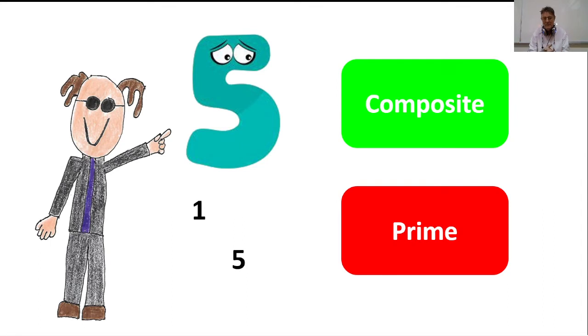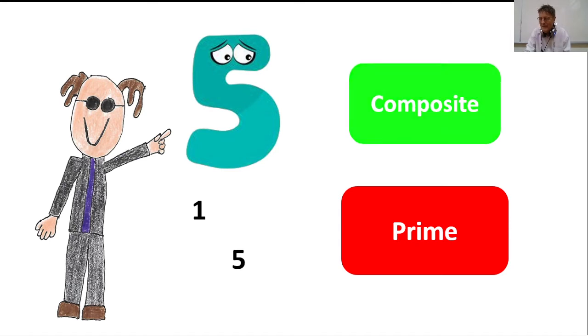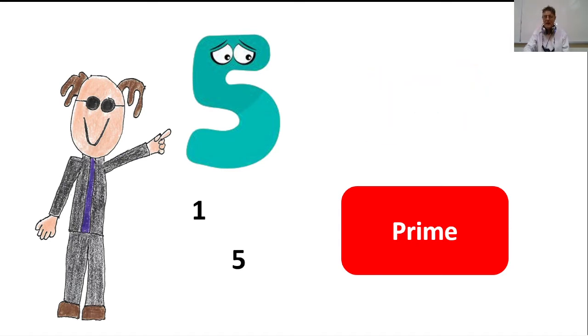Any other numbers? No, of course not. So is 5 a composite or prime number? Yes, it is a prime number. I will talk about 5 a little bit later.